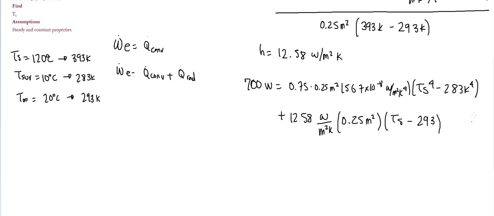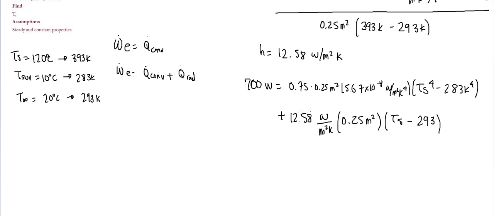It is very important that when you are solving for temperature and you have both convection and radiation, your temperature is in Kelvin. You cannot have one in Kelvin and one in Celsius. You have to have both in Kelvin.